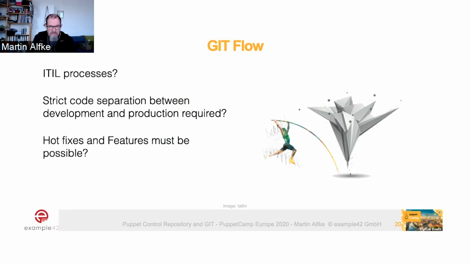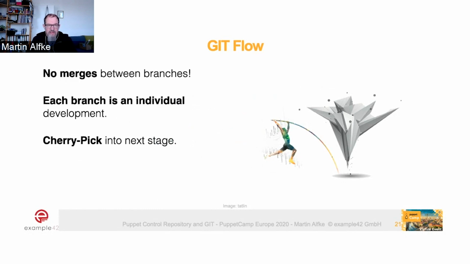When you want to do this, you must follow some concepts. The first thing is no merges between branches. Merges between branches means that the branches have an identical history, and this is now no longer the case. And I will show you next a picture which will show you why merging branches is not a good idea when using multiple branches and working with many people.